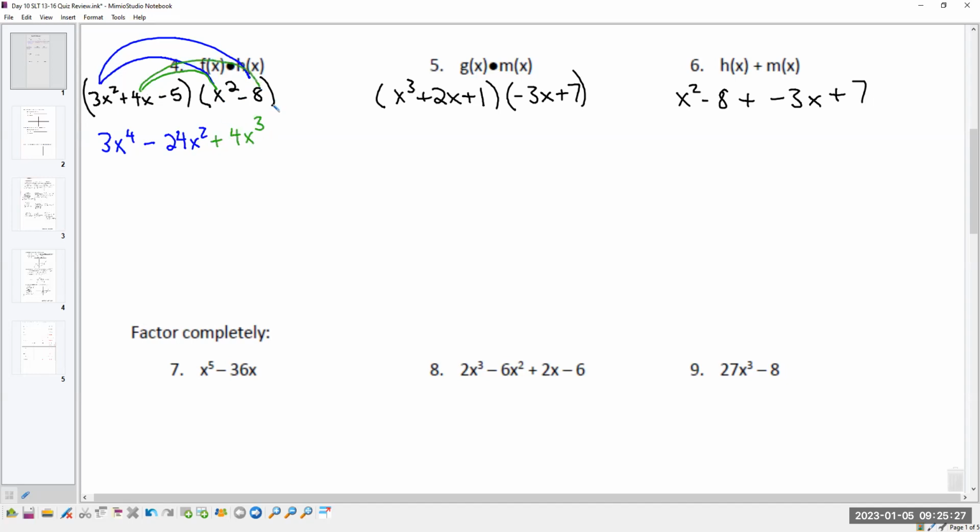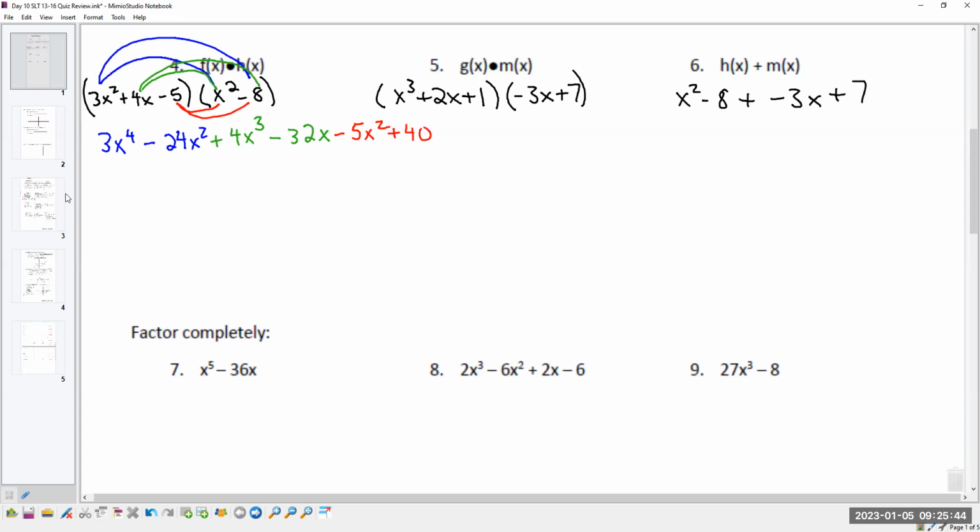And 4x times -8 becomes -32x. Finally, -5 times x squared becomes -5x squared, and -5 times -8 becomes 40.